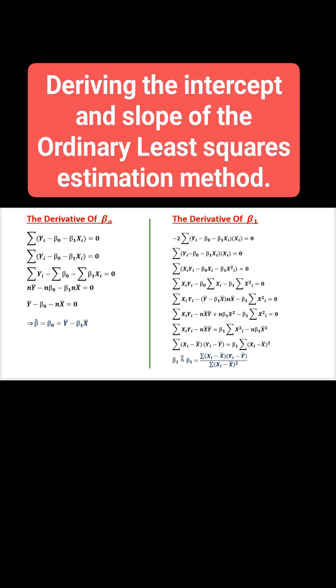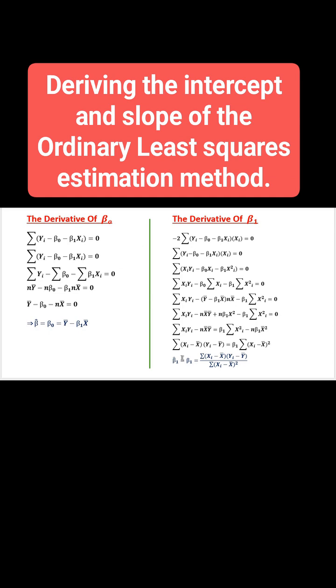So the derivative of beta 0, you would be having your sigma, which is into yi minus beta 0 minus beta 1 xi, and then it would be equaling to 0, right? So you would want to apply the sigma to the whole thing. In other words, you would be wanting to open or get rid of the brackets, right? So you would be having sigma yi minus sigma beta 0 minus sigma beta 1 xi is equal to 0, right?